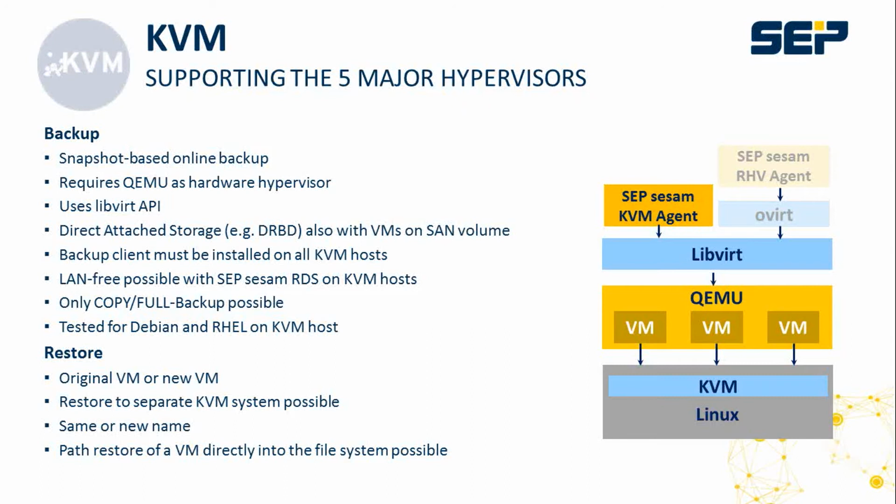Of course, it's only copy and full backup today because the API doesn't provide incremental backup. And for the restore, you can provide new names or the same name, or restore on other KVM systems. That's all possible with our agent today.